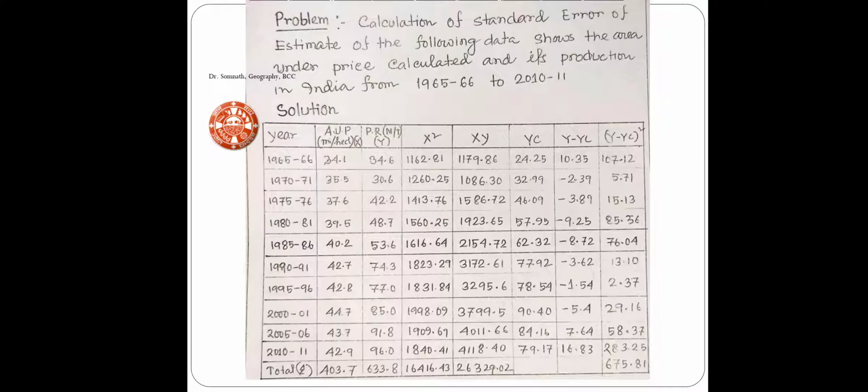Now let us learn how to calculate the standard error of estimate. Here we have year-wise data on area under production of rice, which is the independent variable, denoted as x, and in the dependent variable y we have the data of production of rice.